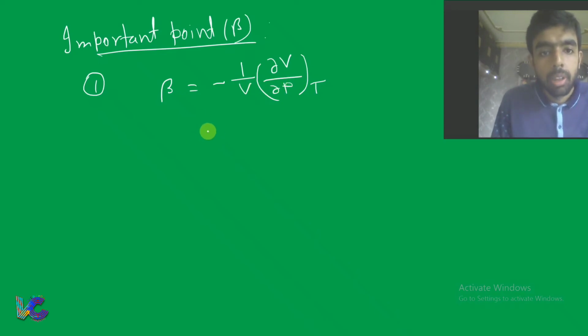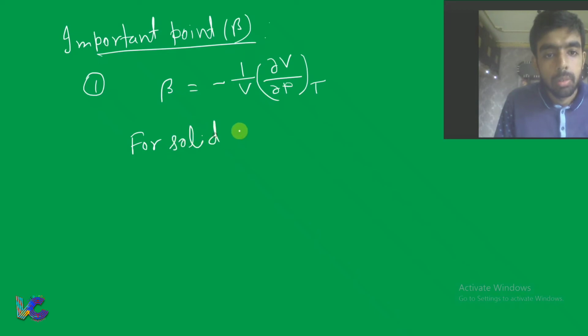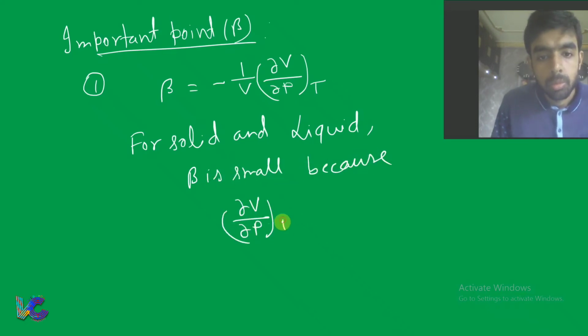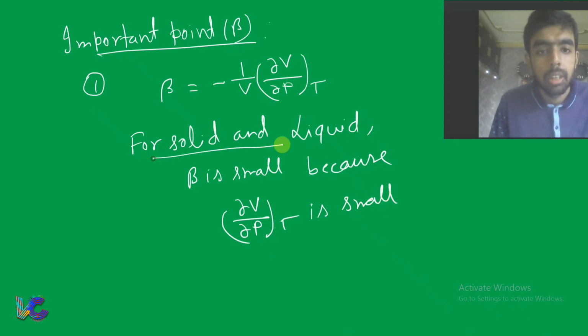So for solid and liquid, the beta value is very small, because this del V by del P at constant T, the del V value is very small for solid and liquid. But for gas, it is considerable. So for solid and liquid, beta is small.